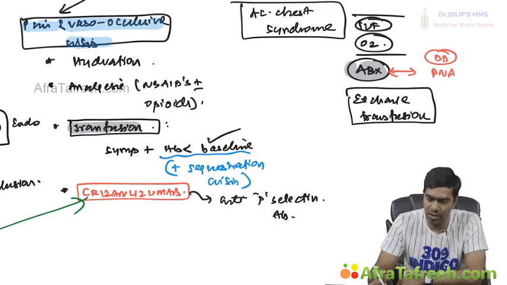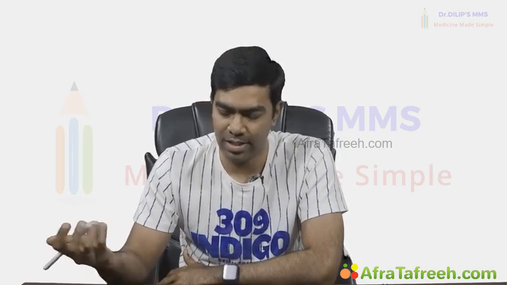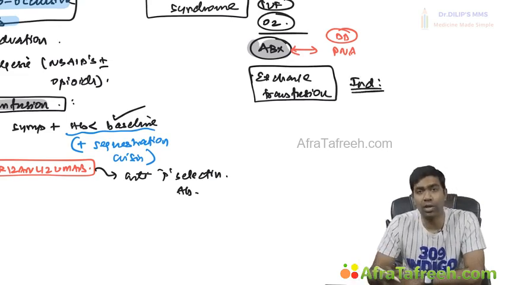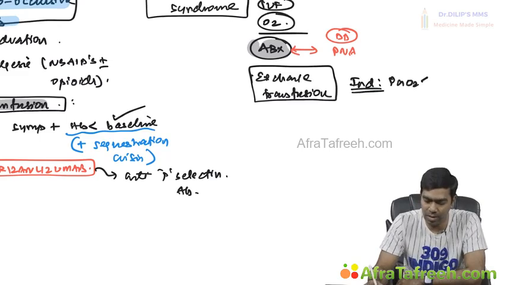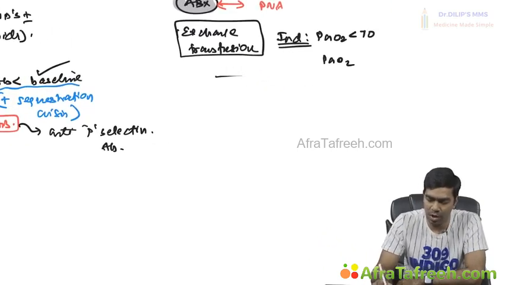You can use something called an exchange transfusion. What you do is completely remove the patient's blood and replace it with fresh blood from a different person. That is what we call the exchange transfusion. If they ask you the indications for exchange transfusion in acute chest crisis, it is if your PaO2 is less than 70 millimeters of mercury, or if the PaO2 declines by more than 10% from the baseline.